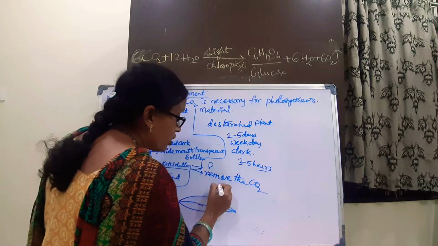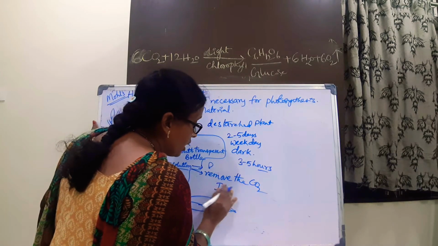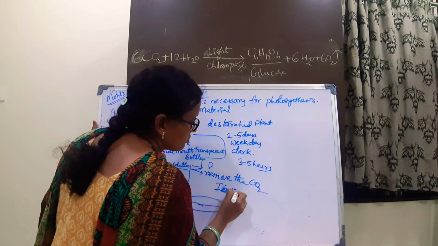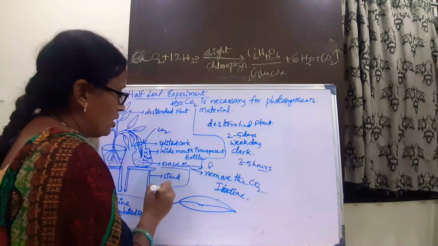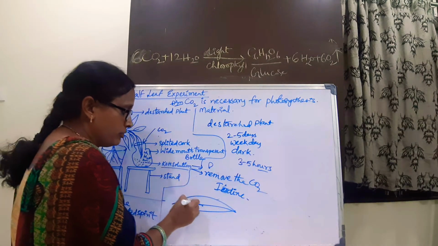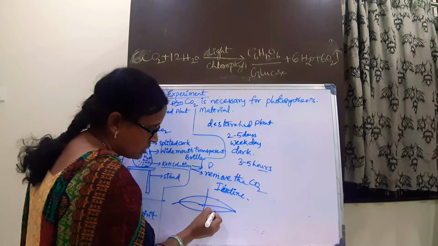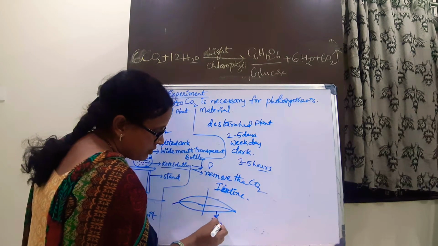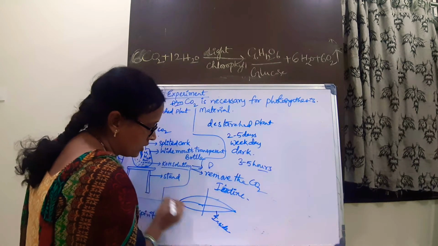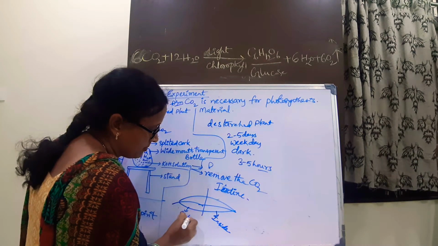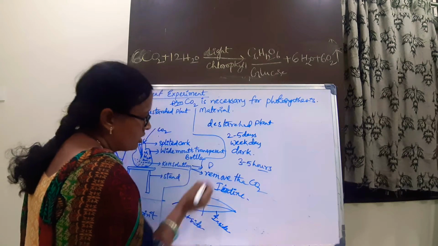With what solution are we testing? Iodine. So when you test the leaf, this is the inside leaf, inside the bottle, and this is outside. Okay, so this is the procedure.